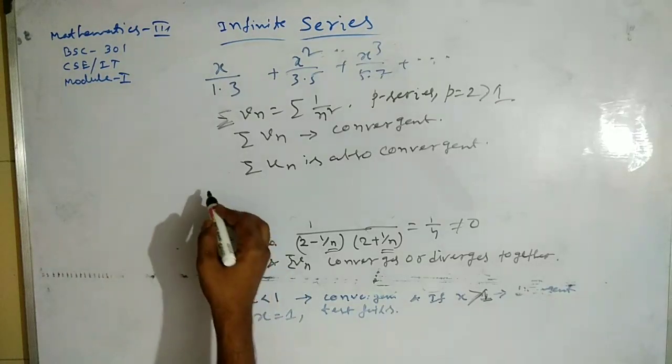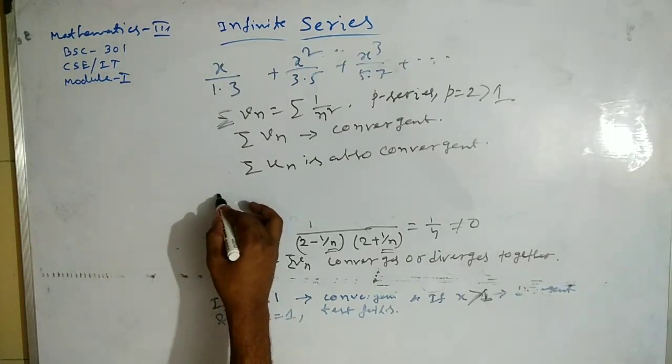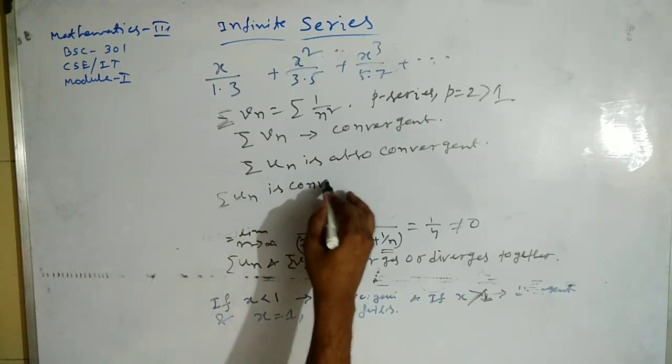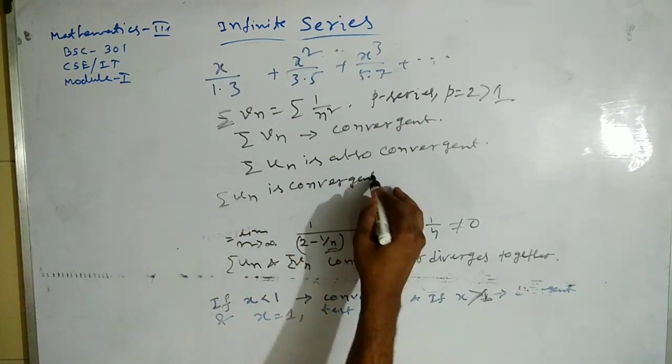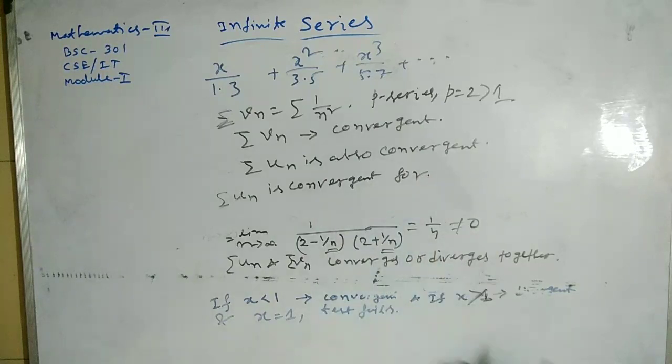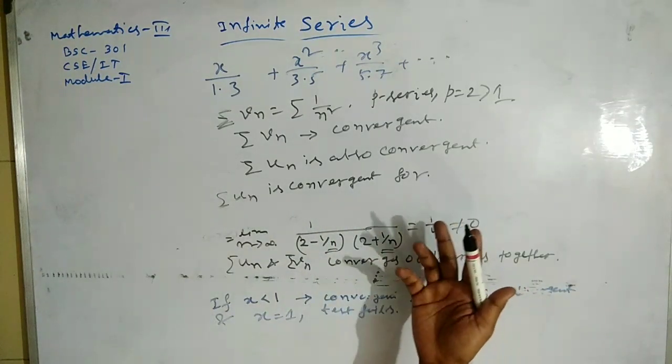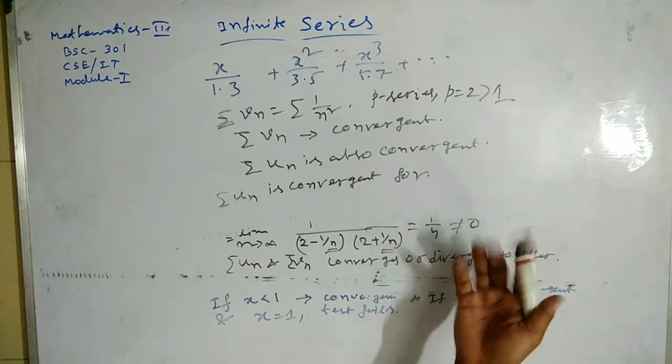Now the final conclusion is that summation un is convergent for x less than 1 by D'Alembert's ratio test, and we just saw that it is convergent for x equal to 1 by comparison test.